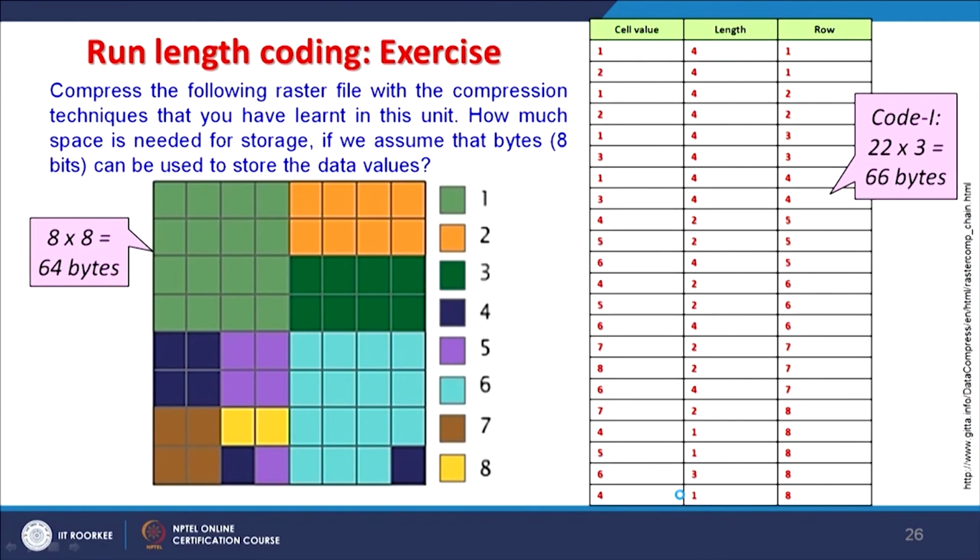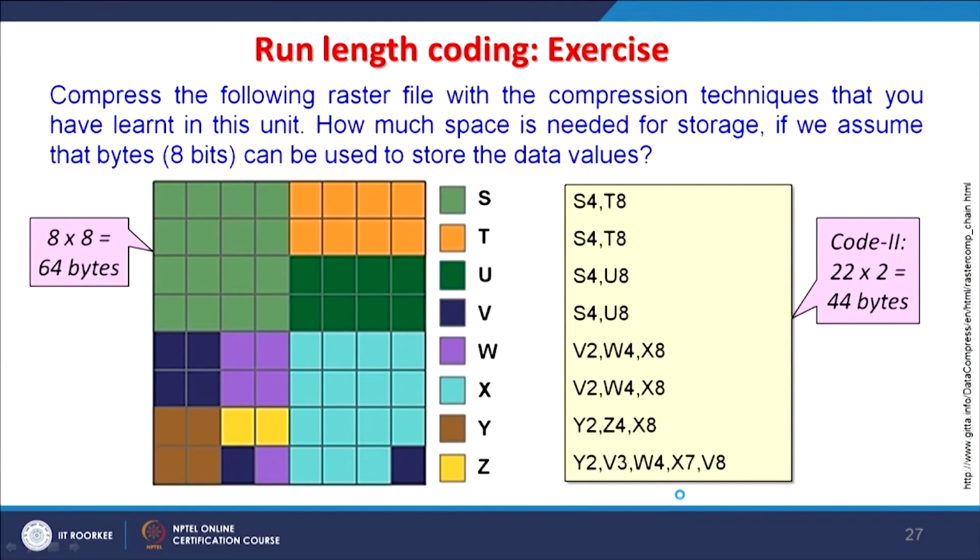Now, I am leaving these 2 images, whatever we have discussed, these 2 exercises, for you to do at your end. One is this one and another one is also for run length.